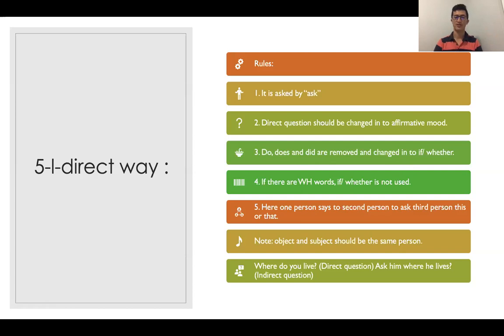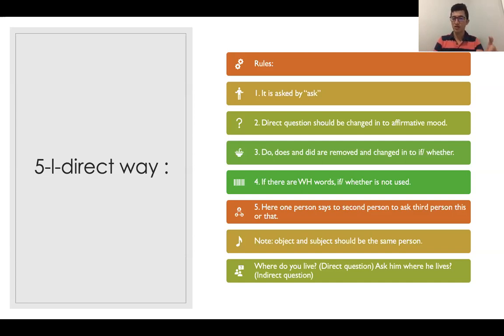The fourth point, if there are WH words, if or whether is not used. So I told you that if you have do, does, did, or a helping verb in a sentence, don't use them. Just use if or whether instead of them. If means agar, whether means oya. Number four, if there are WH words, if or whether is not used.